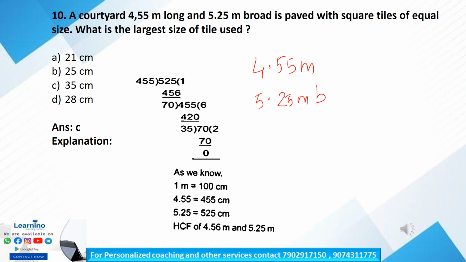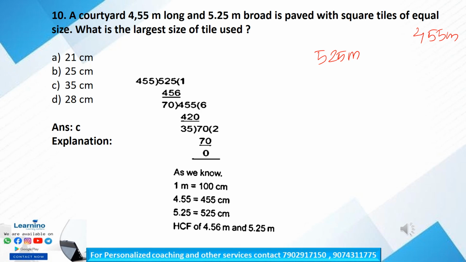First we have to make it in integer format, that is without decimal, so we have to multiply each with 100. So we got 525 and 455.